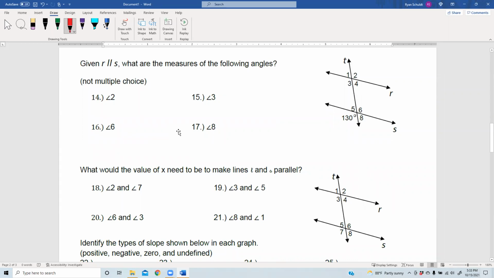Okay, now let's talk about parallel lines. Okay, so it says, given that R is parallel to S, what are the measures of the following angles?